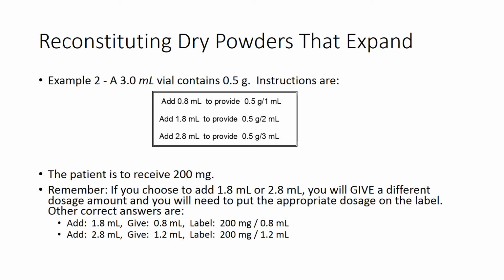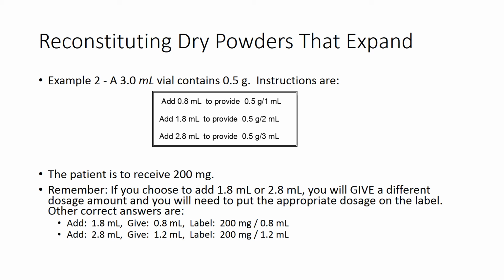So remember, if you want to use the moderate or the strong, all you simply do is change the amount of milliliters to 1.8 or 2.8, which actually rolls up to 2 mL or 3 mL, because the dry solution is 0.2. Because 0.8 plus 0.2 gives you 1, 1.8 plus 0.2 gives you 2, and so on.